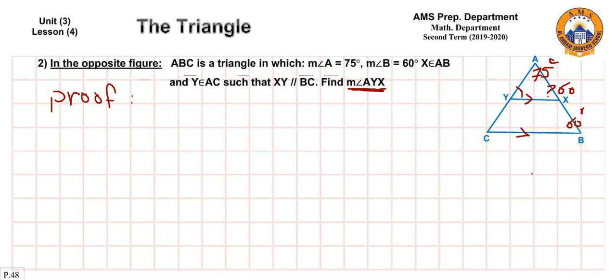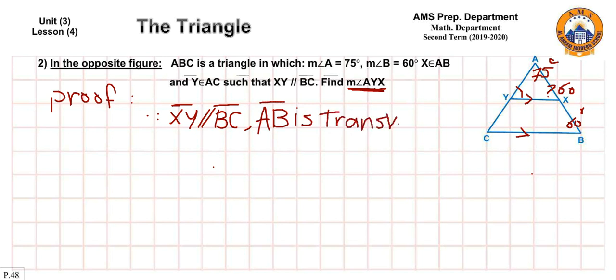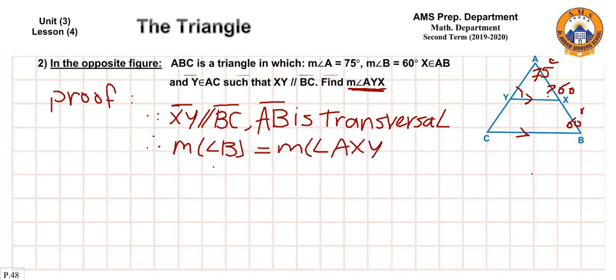So we will say that since XY is parallel to BC and AB is a transversal, therefore the measure of angle B equals the measure of angle AXY equals 60 degrees.